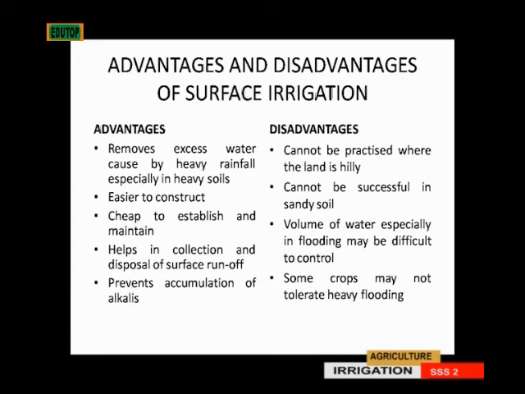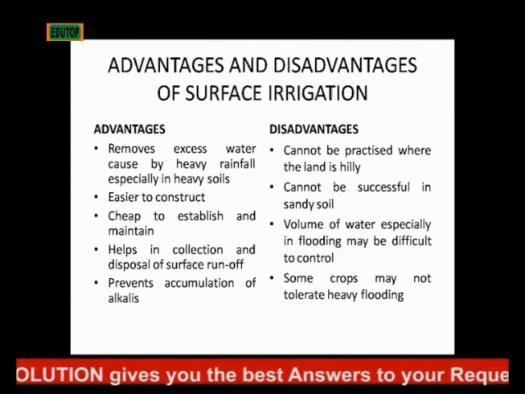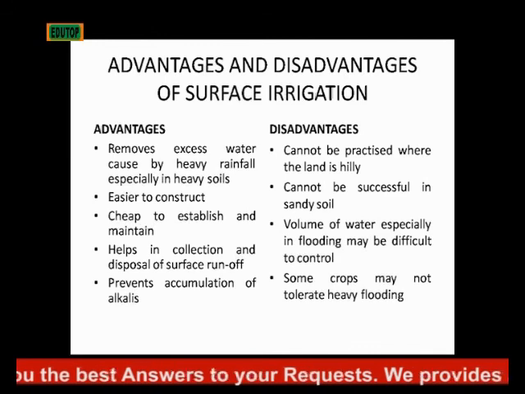Now, the disadvantages of this surface irrigation method: it cannot be practiced where the land is hilly. That is where you have hills, it cannot be practiced. Then it cannot be successful in sandy soil. The volume of water, especially in flooding, may be difficult to control because your farmland is down, just flowing down.